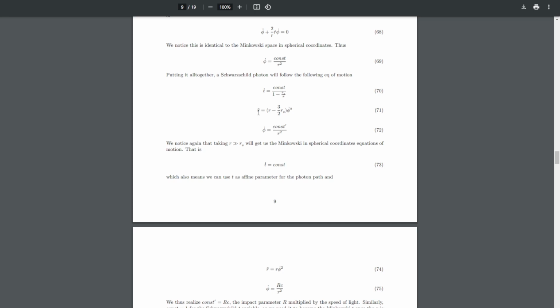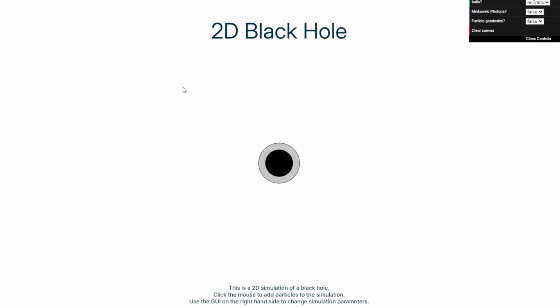That means that within this 3 over 2 RS radius, we cannot have any stable orbit.